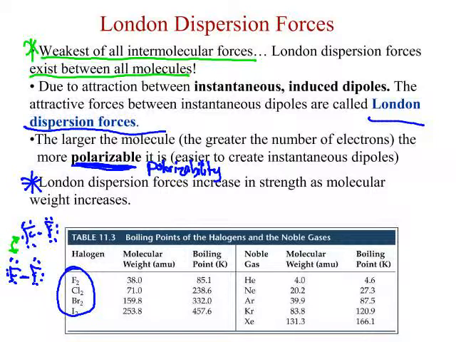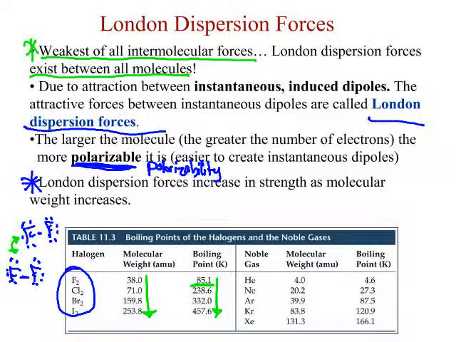Because for fluorine this force is relatively weak, it has a very low boiling point, 85.1 Kelvin, which is a temperature far below the freezing point of water. That's why fluorine at room temperature is a gas, because it boils way before room temperature. As we go down the group, from fluorine down to iodine, you can see that their molecular weight goes up, and also their boiling point is going up.